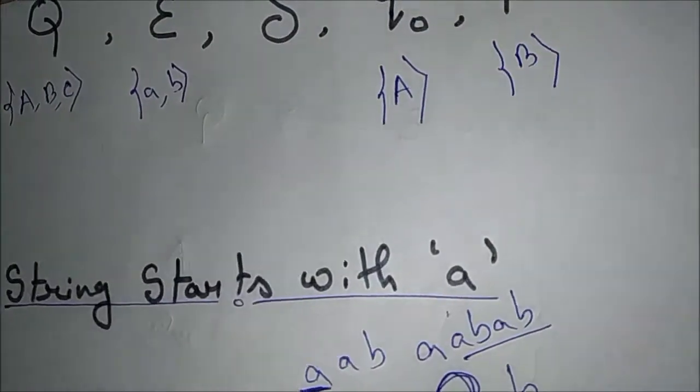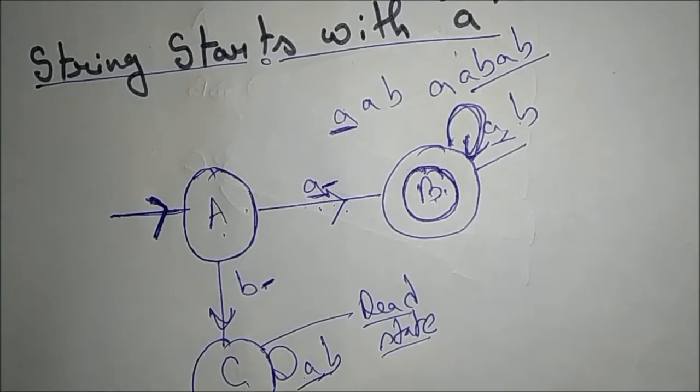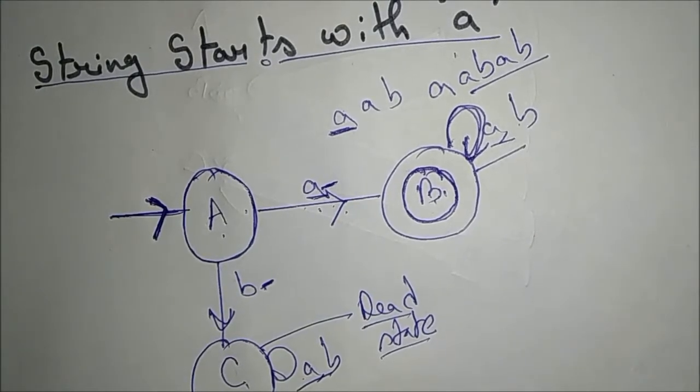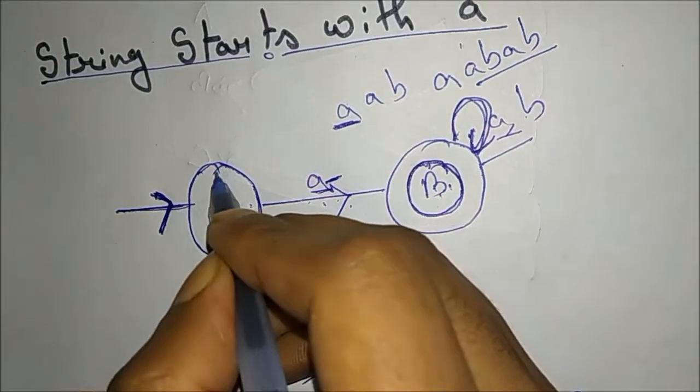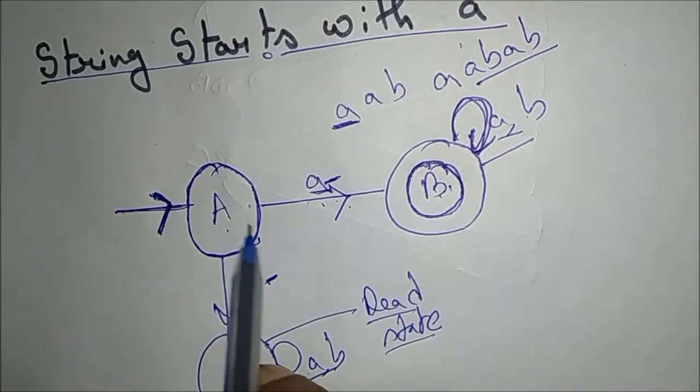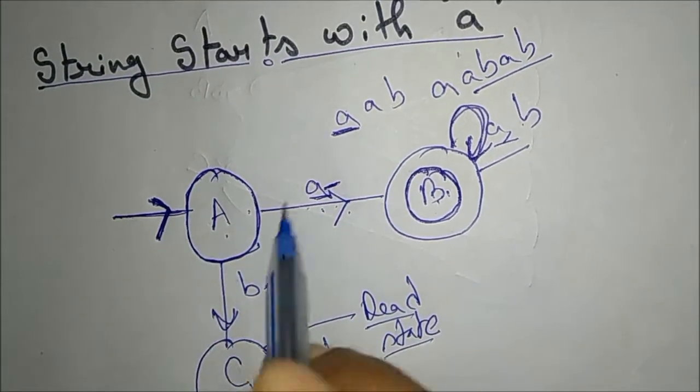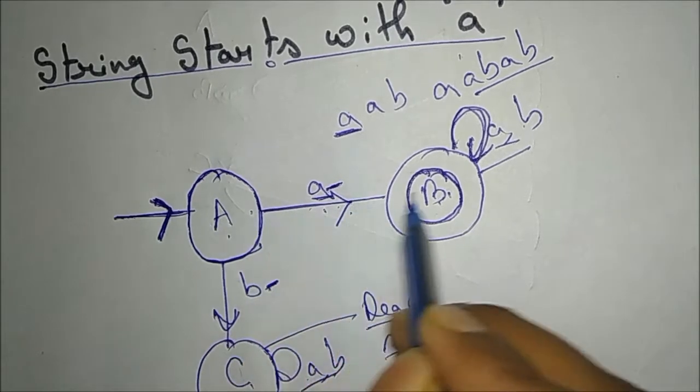Now a question arises: what is the difference between deterministic and non-deterministic? This is the main important question. In a deterministic machine, for this machine there are 2 inputs, and every input will go to one state.